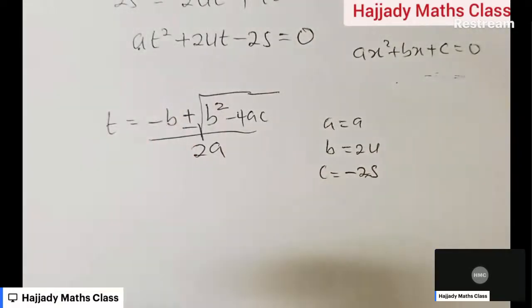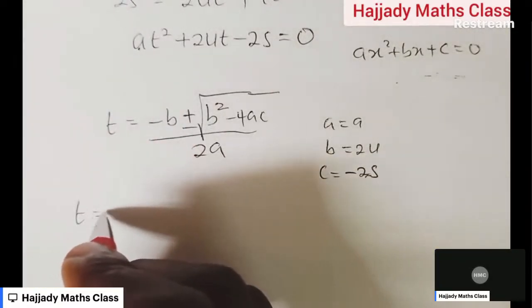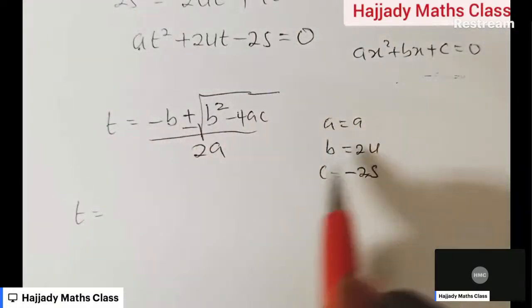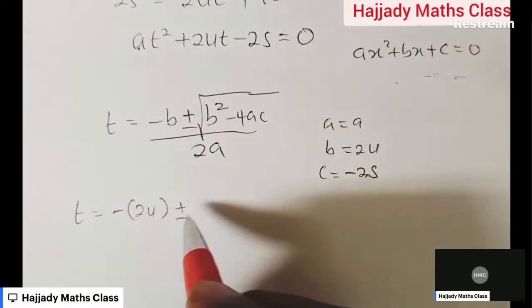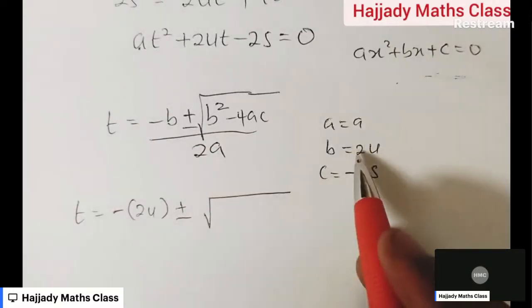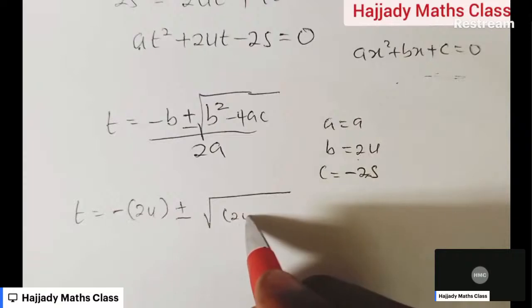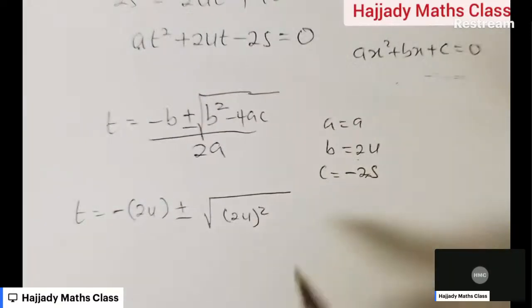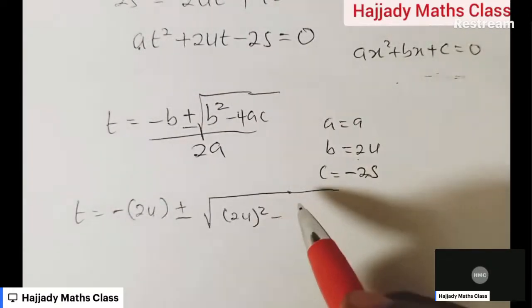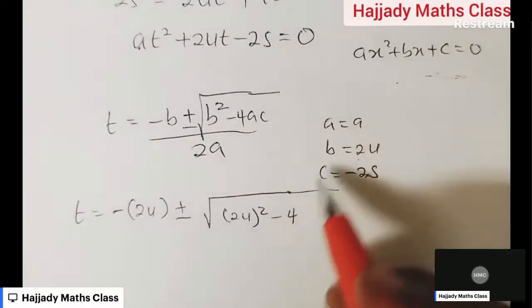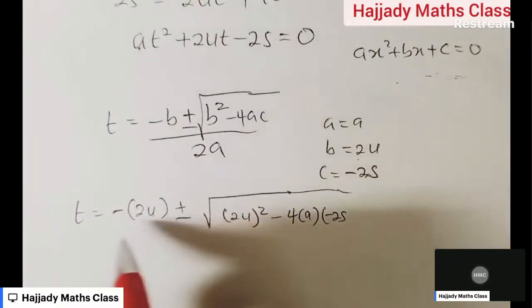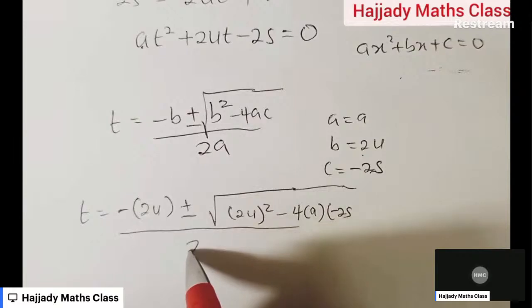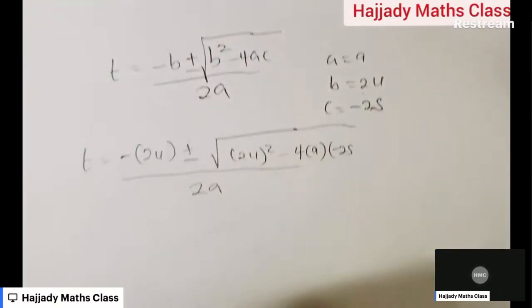So we are substituting this in. t equals minus b, which is minus 2u, plus or minus the square root of b squared, which is 2u all squared, minus 4ac, which is 4, a still remains as a, and our c, which is minus 2s. Don't forget, everything is over 2a.